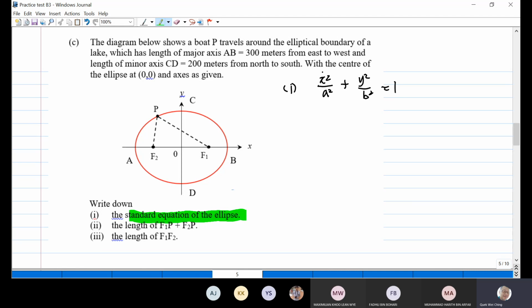So AB is actually 300. The length of major axis is 300 here. The length of minor axis is 200 here.